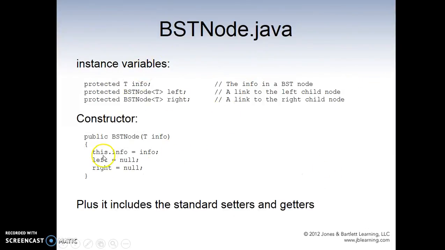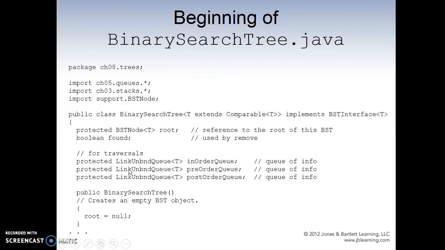Then we create a node with info, left, and right. We said the BST class has an object that extends Comparable and implements the BST interface.